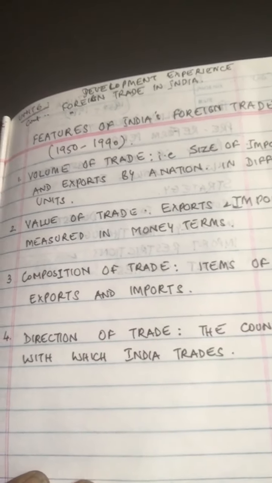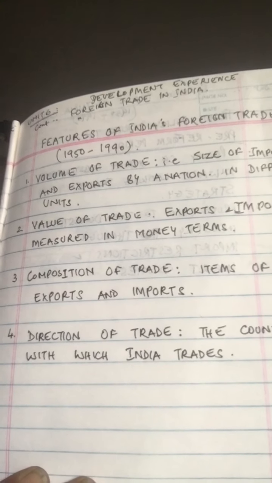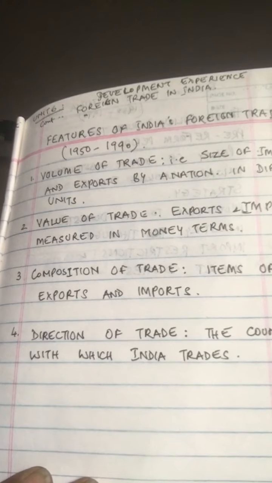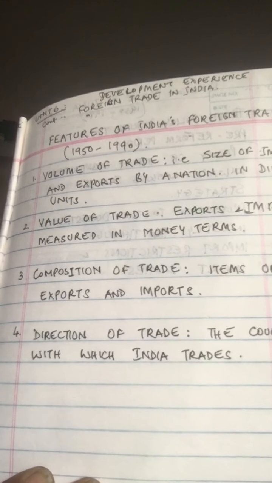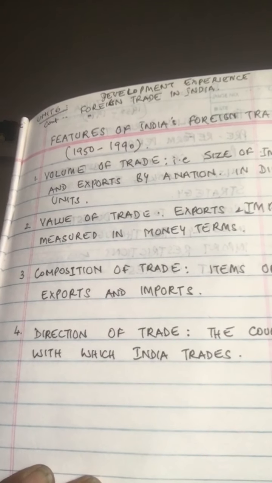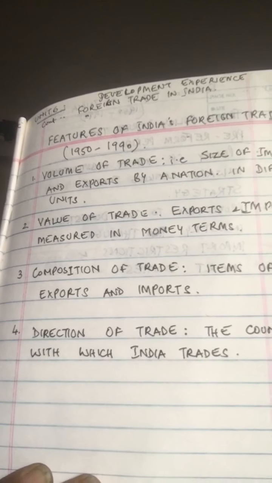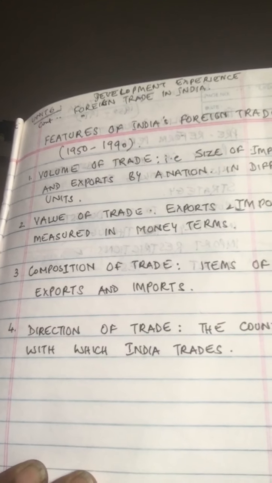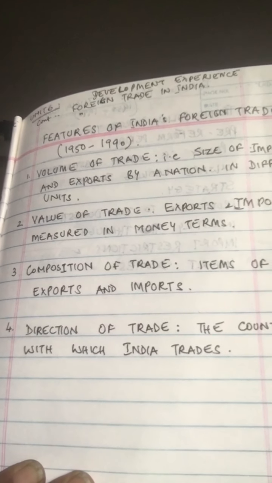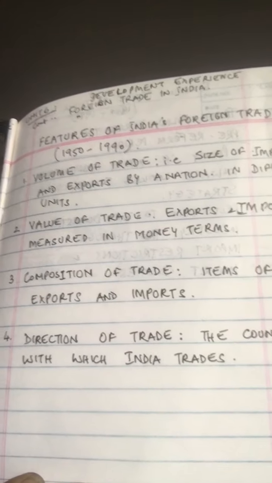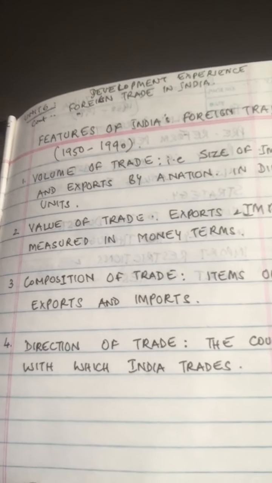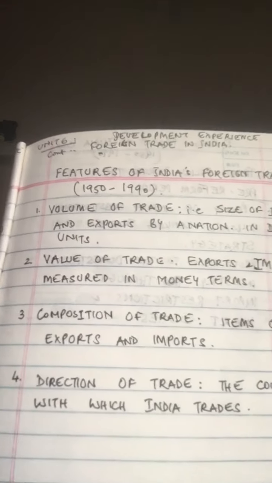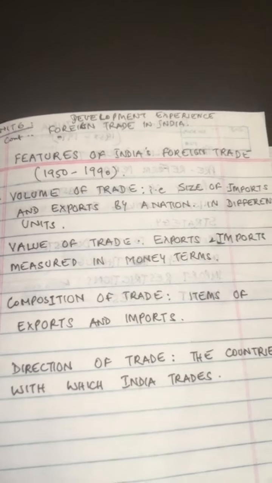It was found that a large part of India's foreign trade was with the then USSR and East Europe. India also expanded its trade contacts with other developed countries of the world, especially the US and Western Europe.